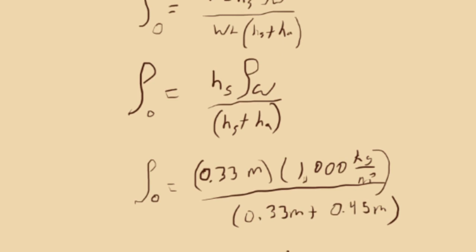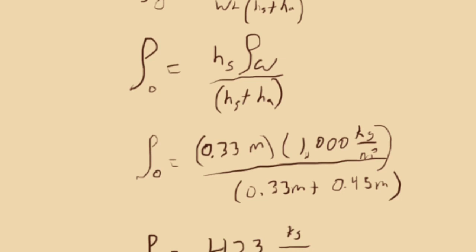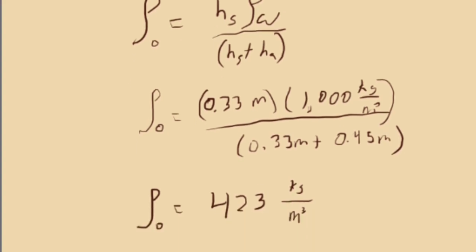We had the height submerged was 3.3, and the height above the water is 0.45 meters. And then our density of water is 1,000 kilograms per meter cubed. And this comes out to be rho, the density of the object, is 423 kilograms per meter cubed.